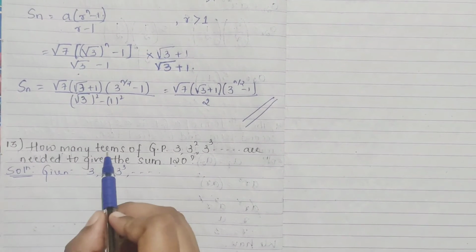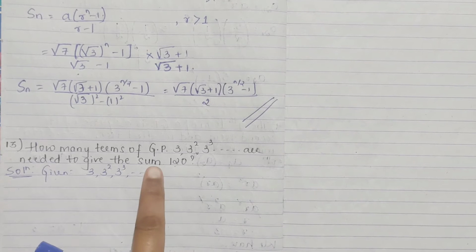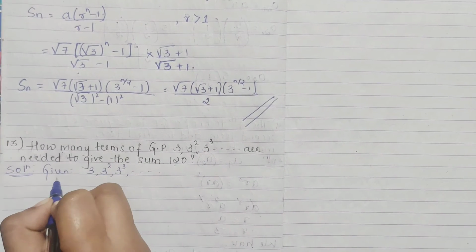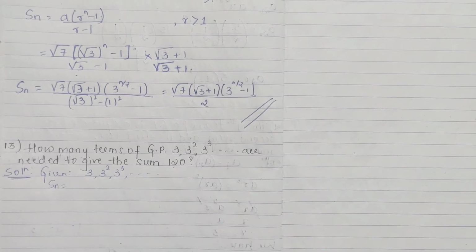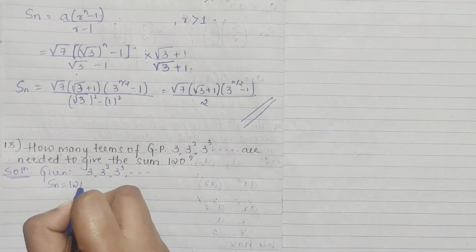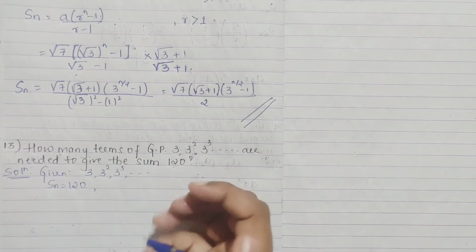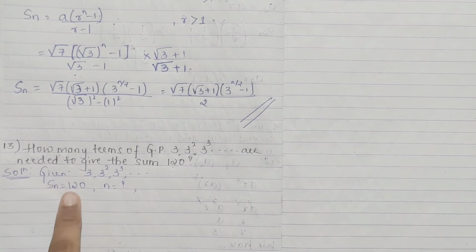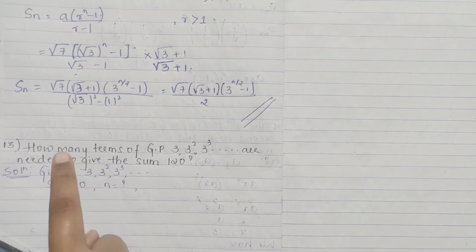They are asking how many terms are needed to give the sum 120, which means Sn is 120, and they are asking for n.